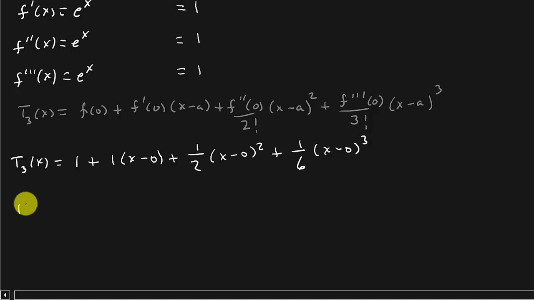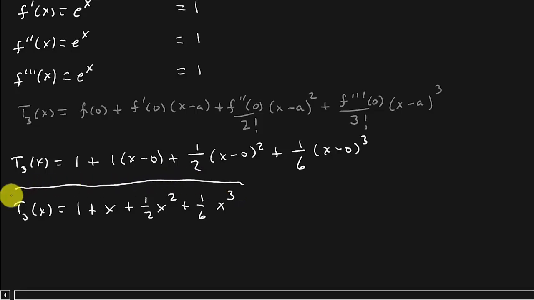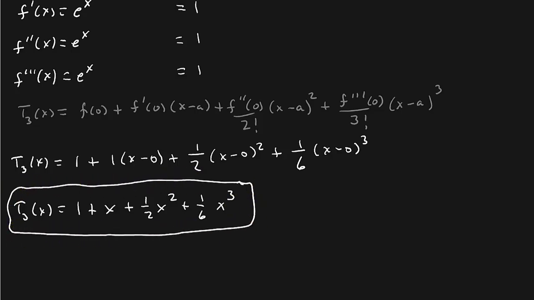And so that's going to give us t3 of x is equal to 1 plus x plus 1/2 x squared plus 1/6 x cubed. And so this is our Taylor polynomial. All right, so that's part A.